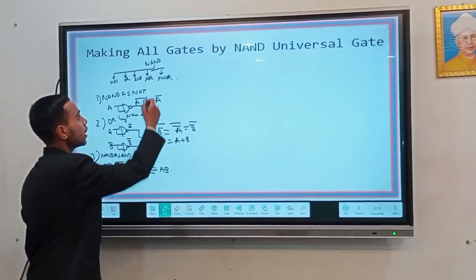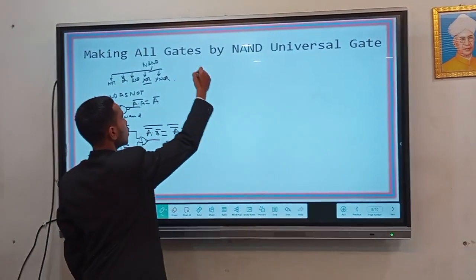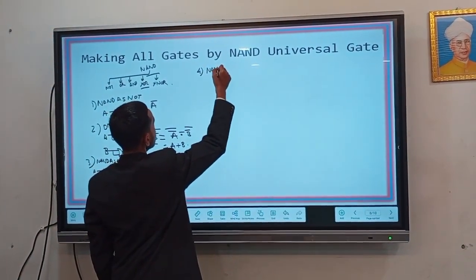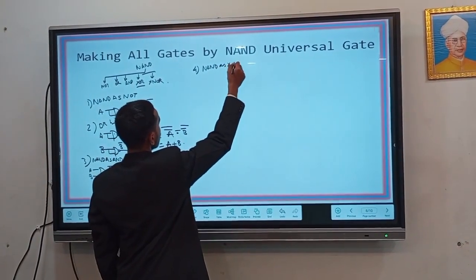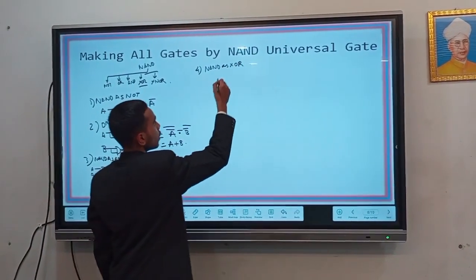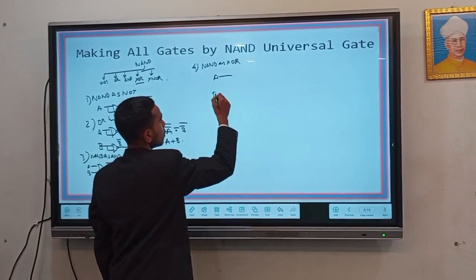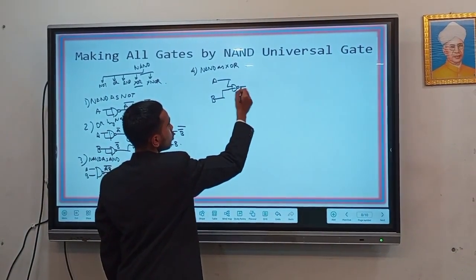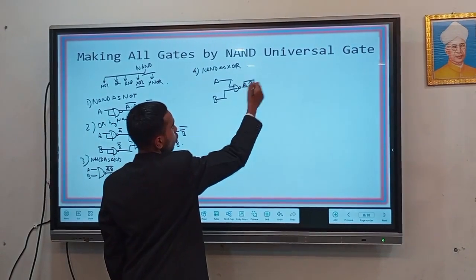Now we are going to implement XOR and XNOR. We are going to give NAND as XOR. So for XOR gate we are going to take A and B. These both are passed to the NAND gate to obtain (A and B) whole complement.